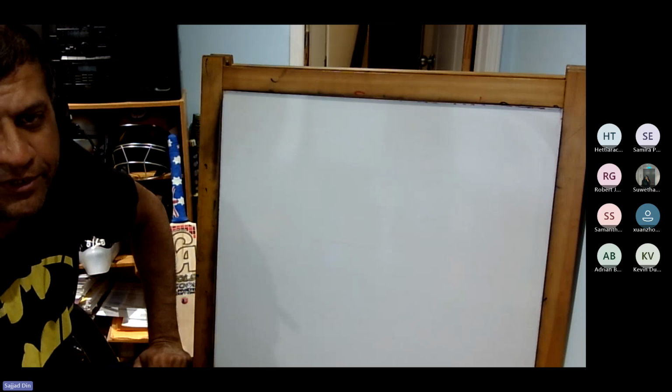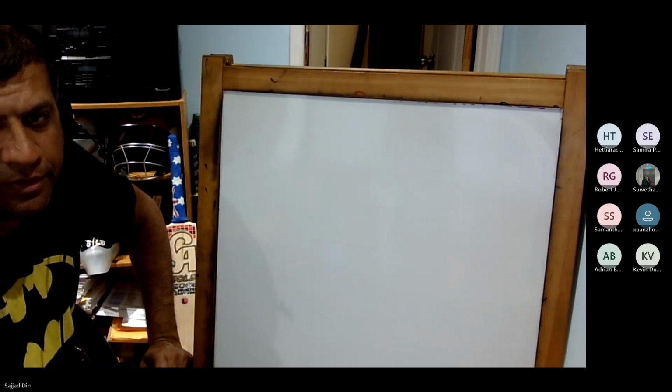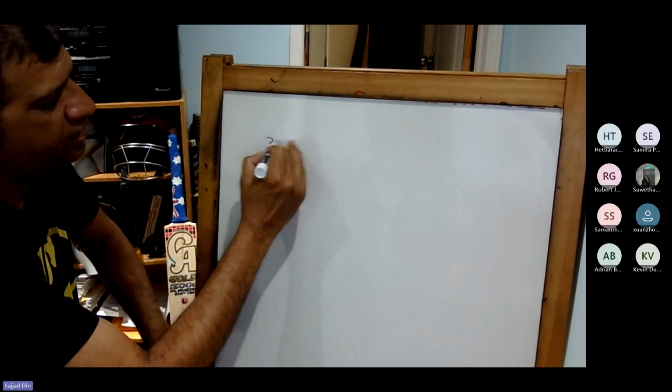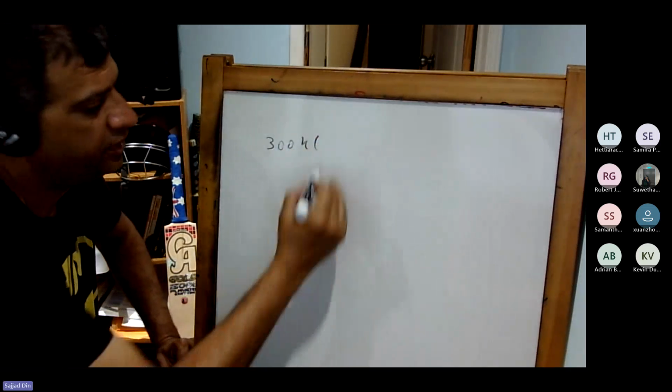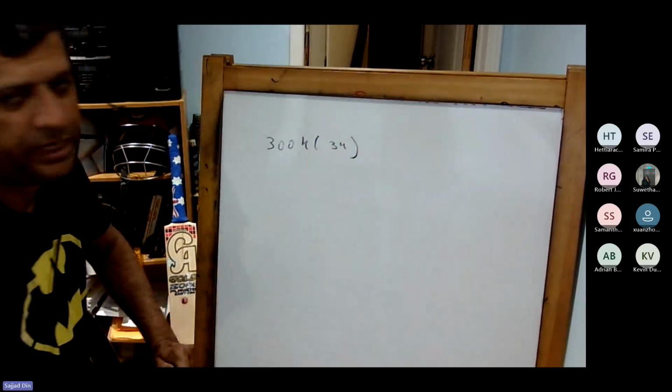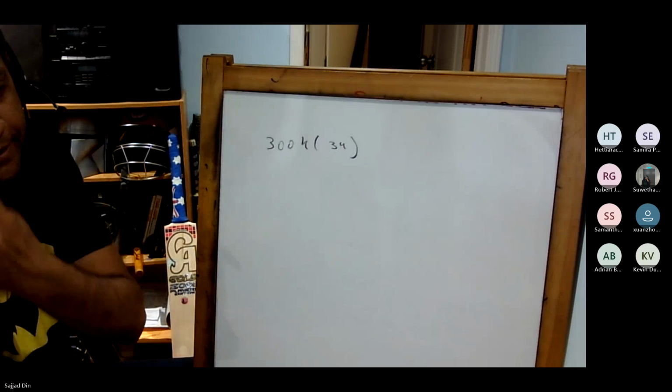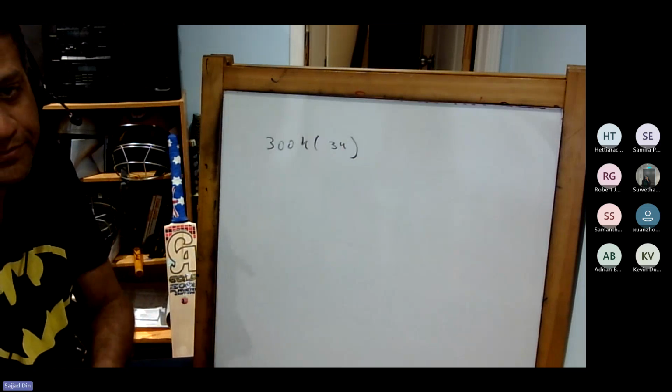So on the one side, you're going to have 300K times 34, and it's going to be negative, right?